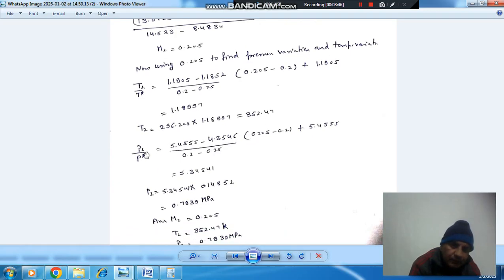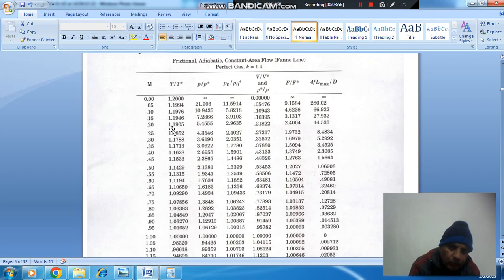Similarly for P2 by P star, corresponding to 0.2 it is 5.455 and corresponding to 0.25 it is 4.35.